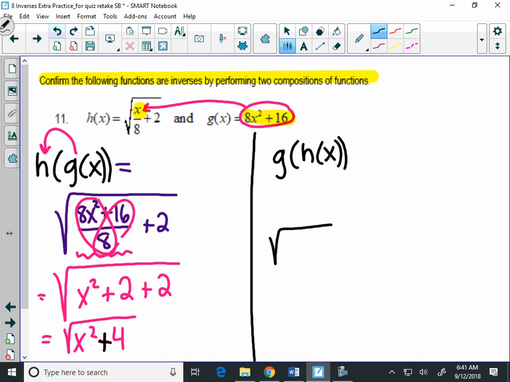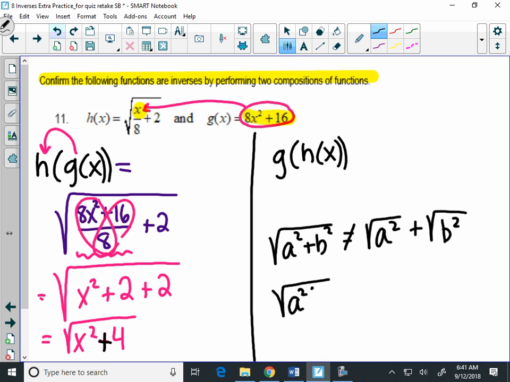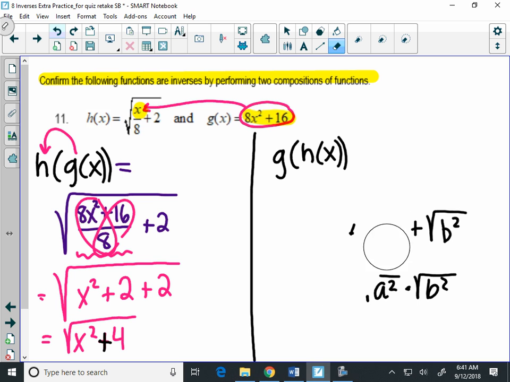Mathematically, the square root of two things being added underneath a radical is not equal to square rooting both parts separately. That is not okay. If it were multiplication, then yes, you could break up the square root over the multiplication, but not over addition.